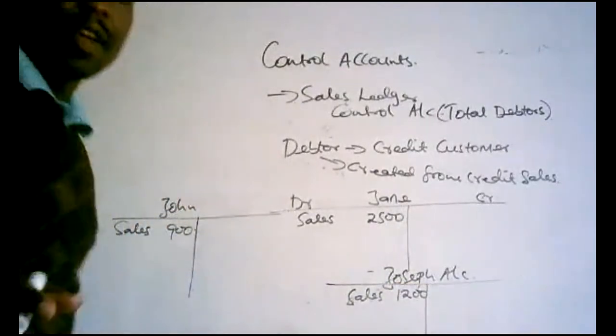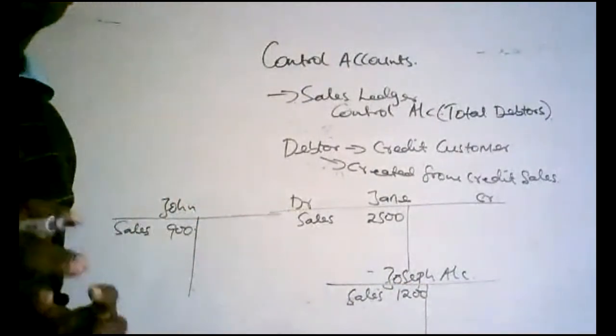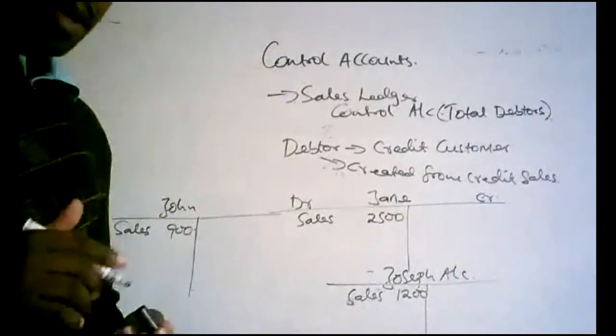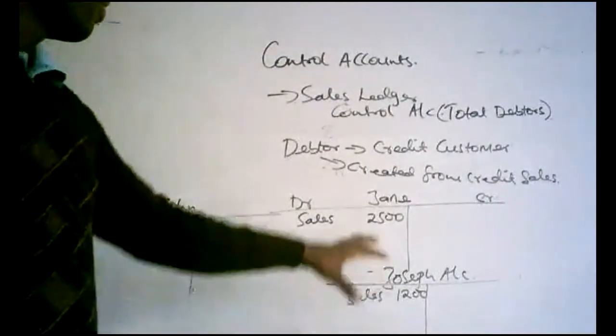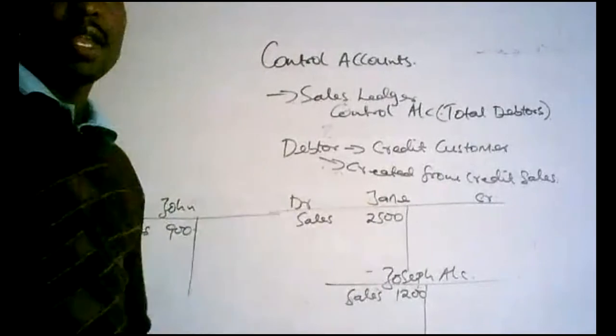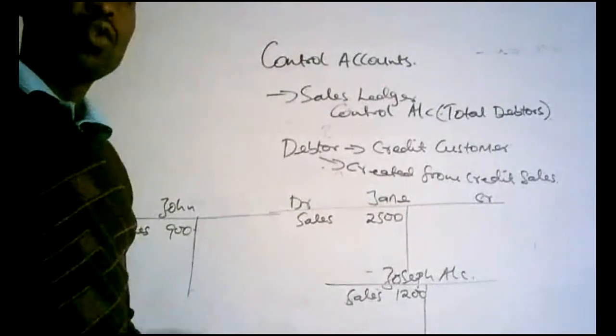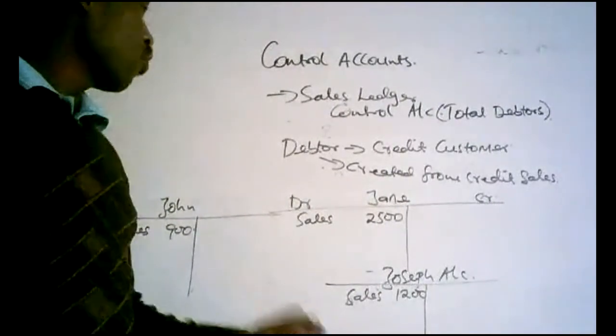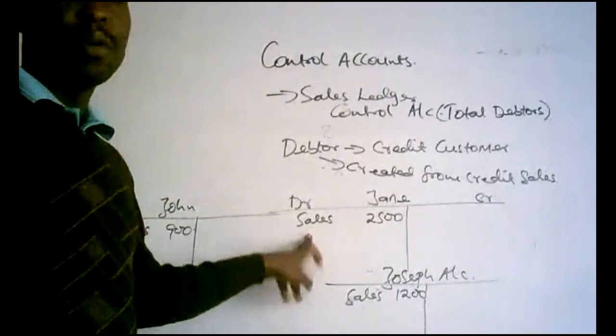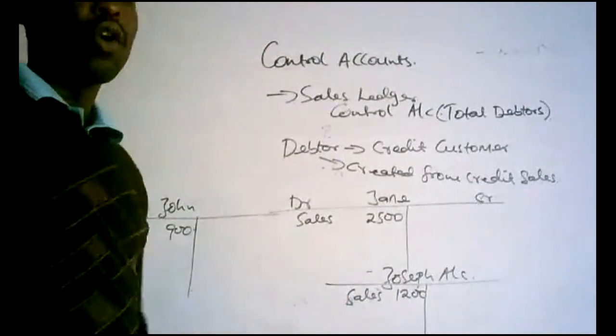So you realize that whenever we sell goods on credit to a customer, the customer who is our debtor will always be debited, by sales, because we have sold the goods to him or to her.